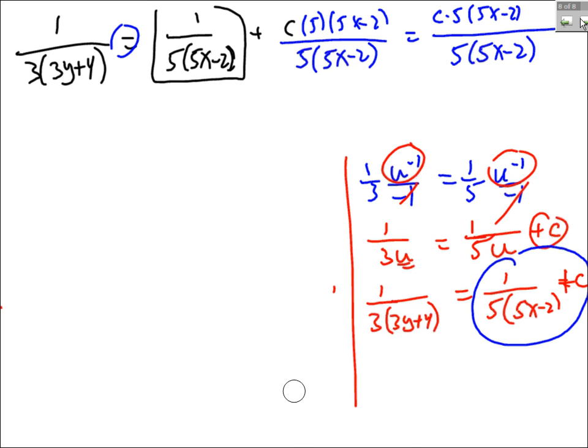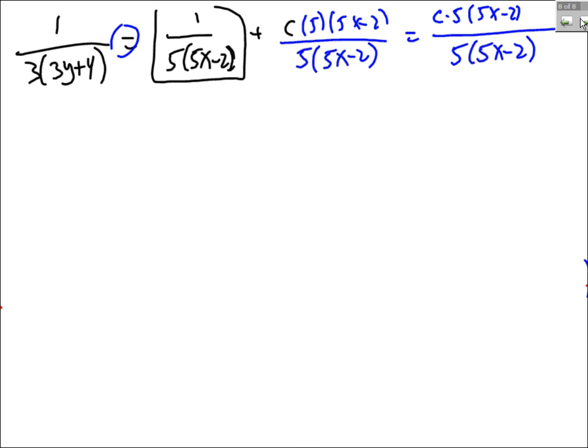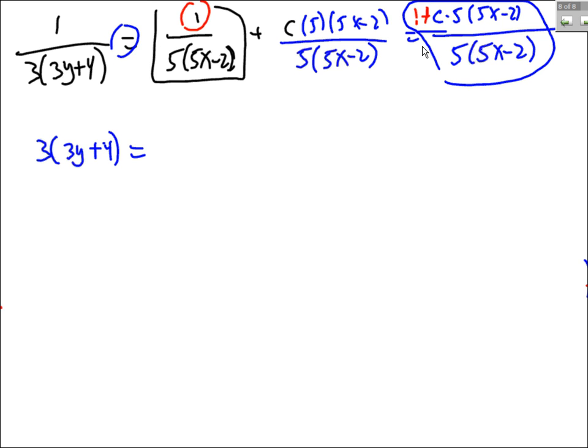Now I can take reciprocals. Of course, I have 1 plus that. When I take the reciprocal of the left, I get this. When I take the reciprocal of the right side, I get 5 times 5x minus 2 over 1 plus 5c times 5x minus 2.